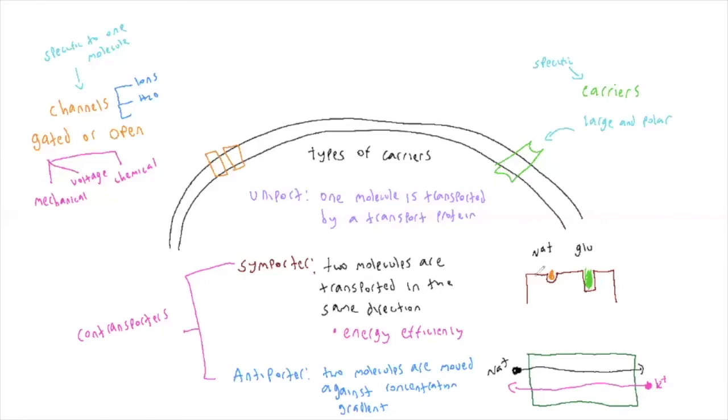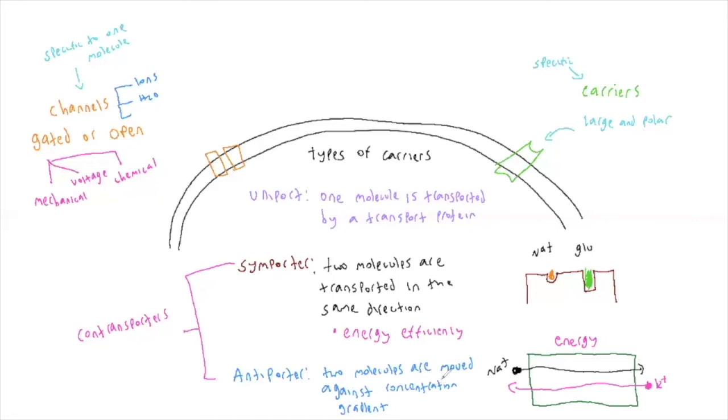A symporter, both molecules are transported in the same direction. The movement of one molecule pulls along the other one in as well. With an antiporter, both molecules are moved against their concentration gradient, requiring a significant amount of energy. And they're both moved in opposite directions.